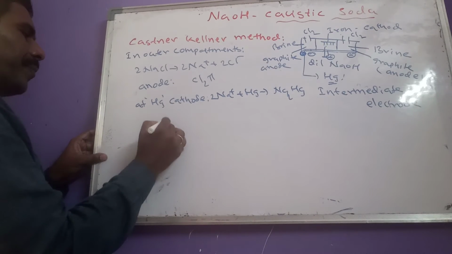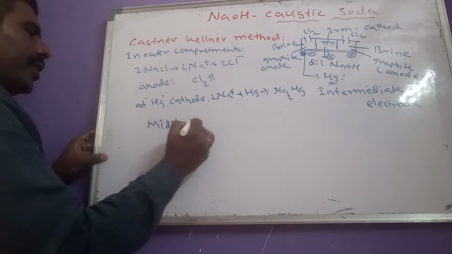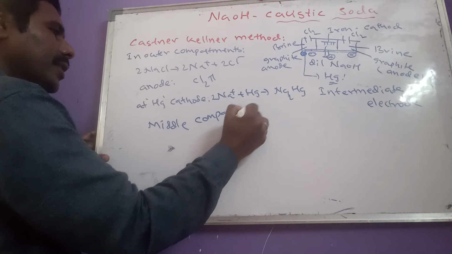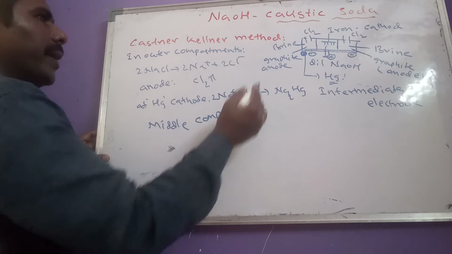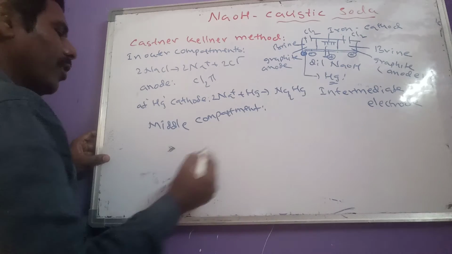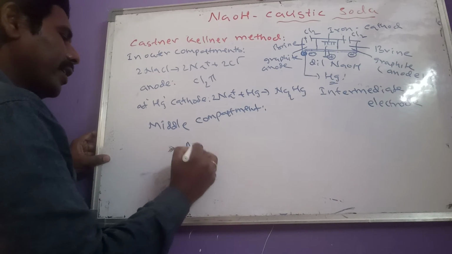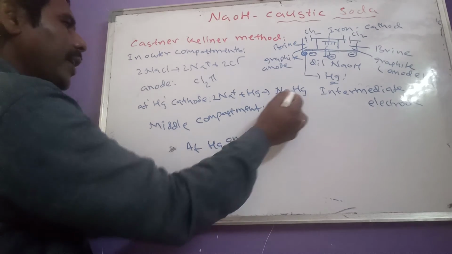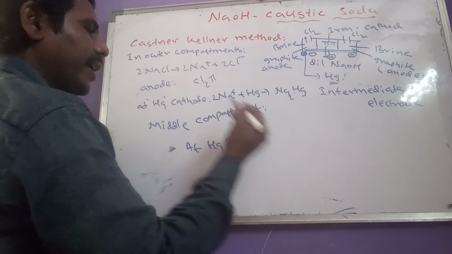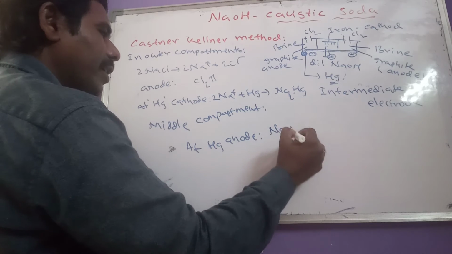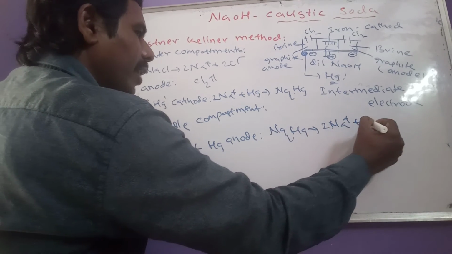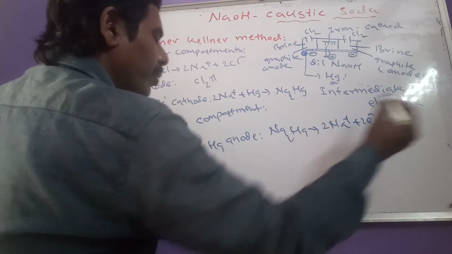Now the reactions we have to see are in the middle compartment. In the middle compartment, mercury plays the role of anode. So at the mercury anode, the above reaction takes place in the reverse direction. That means sodium amalgam gives Na+, electrons and mercury.